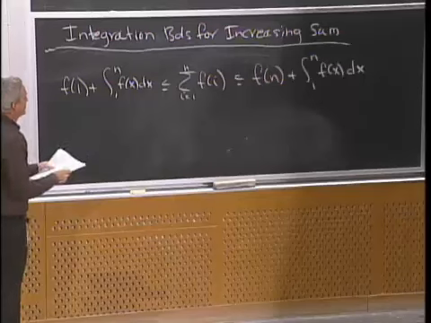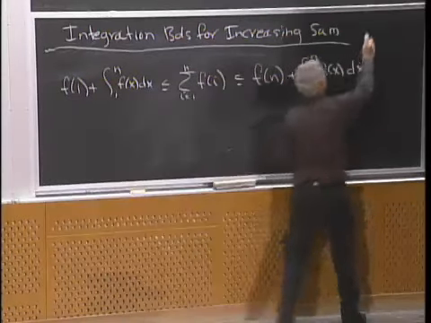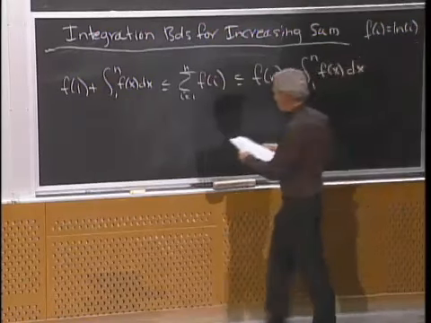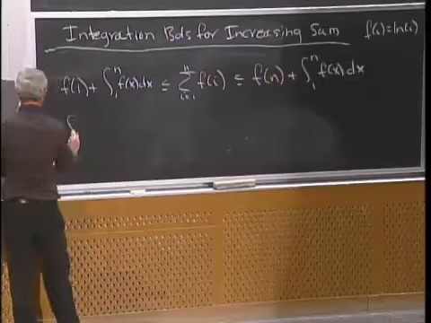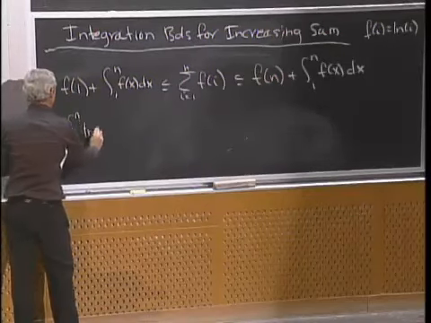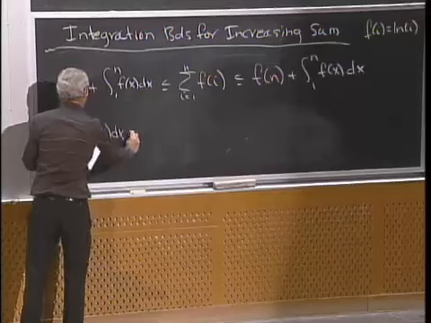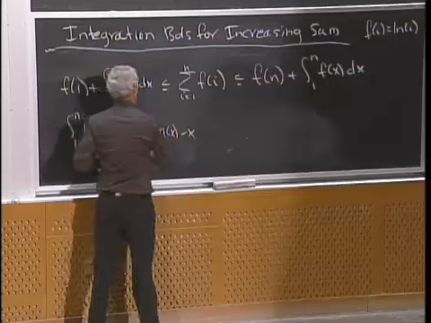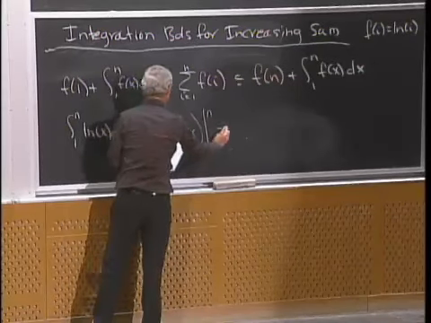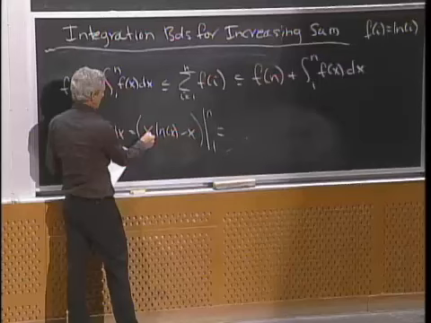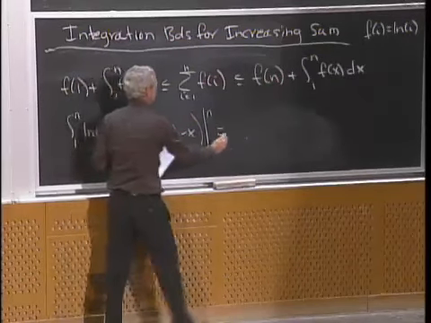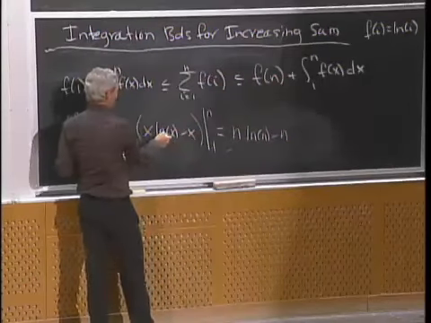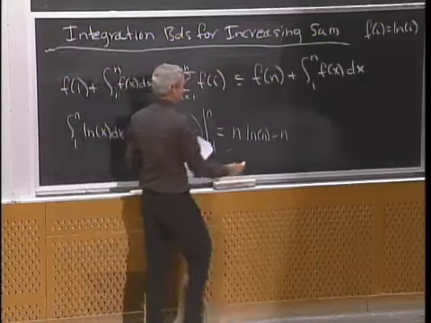All right, now in this case, f of i is the log of i. And so we need to compute the integral of log of x. And that's easy. That's x ln x minus x, evaluated at n and 1. And that's just n log n minus n. If I plug in 1, I get a 0 here, and I'm subtracting negative 1 there.